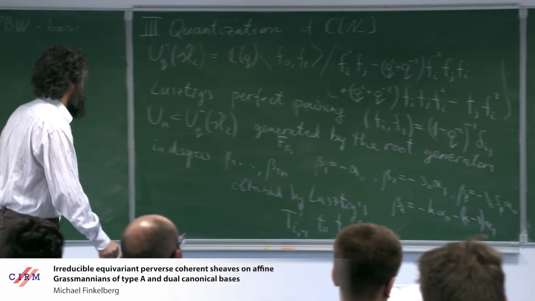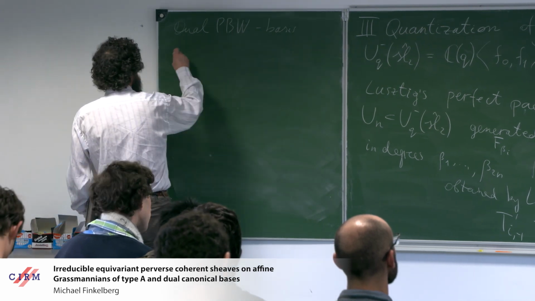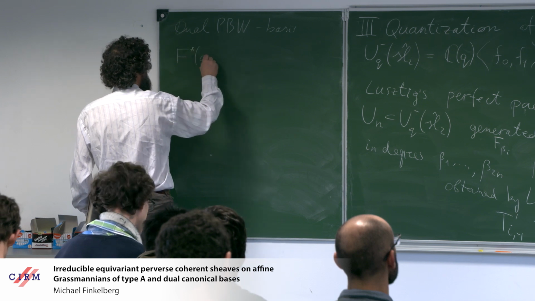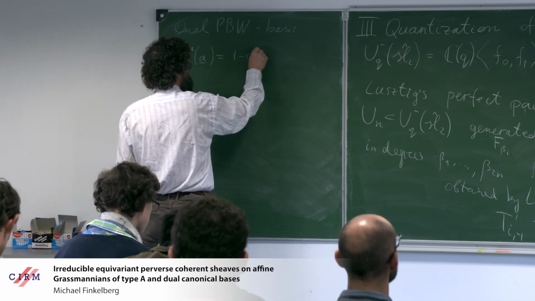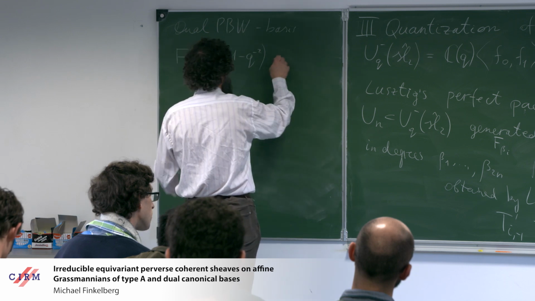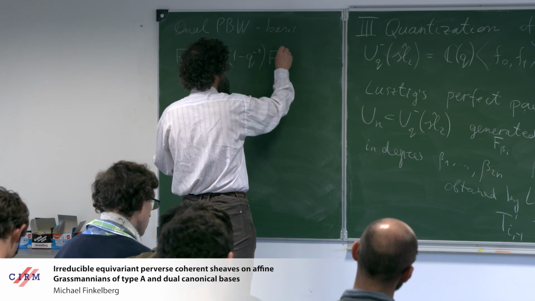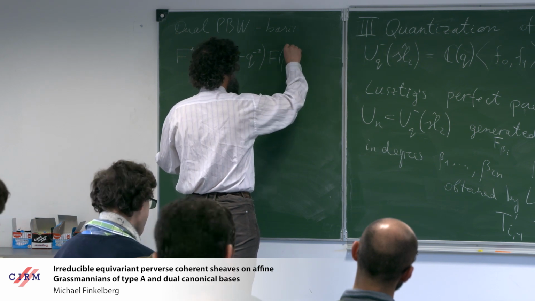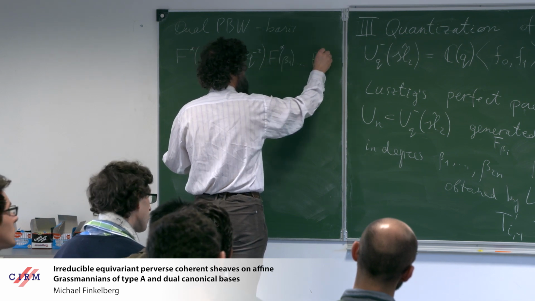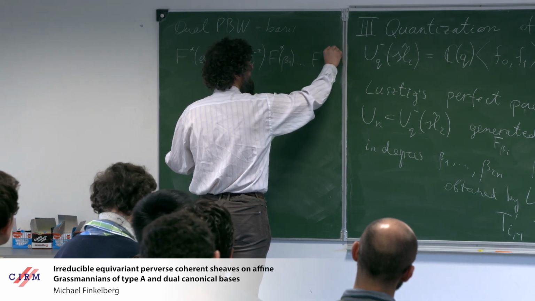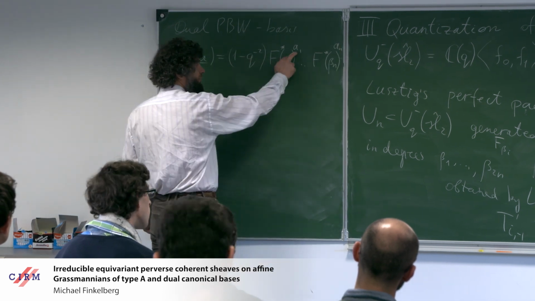Okay, and in the dual PBW basis, there is no divided powers, so F star of A is (1 minus q negative squared) times the product of F of beta 1 to the power a1, and so on, beta n to the power an, and now there is no divided powers.